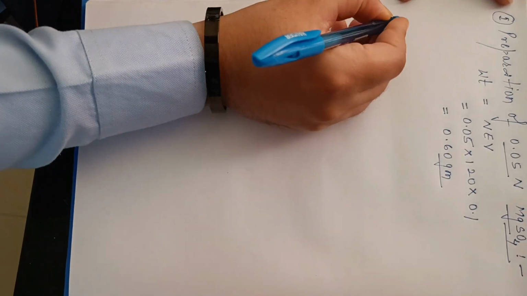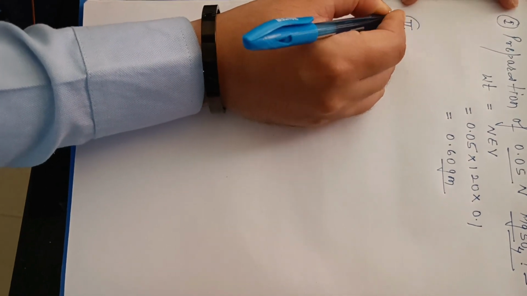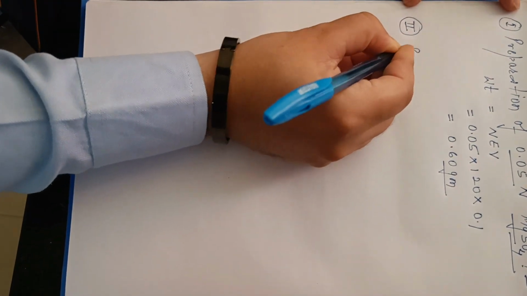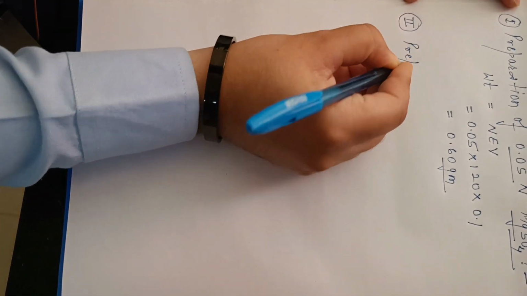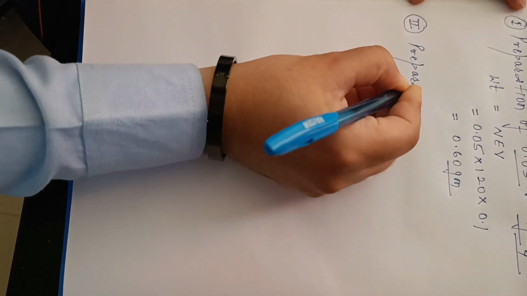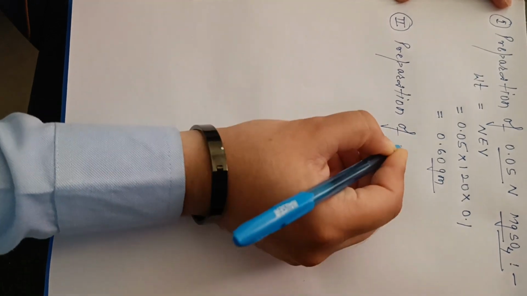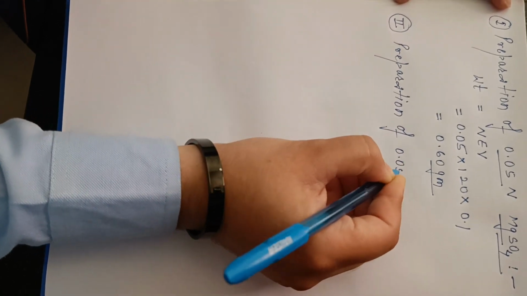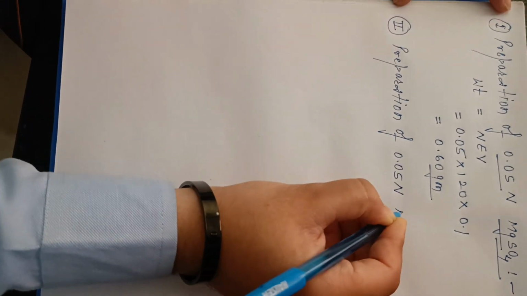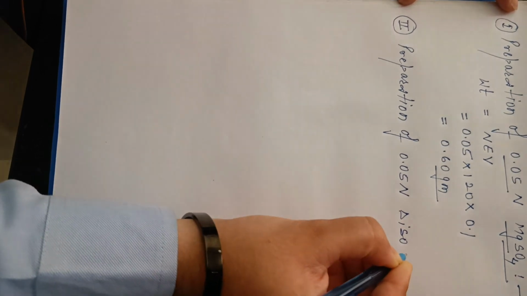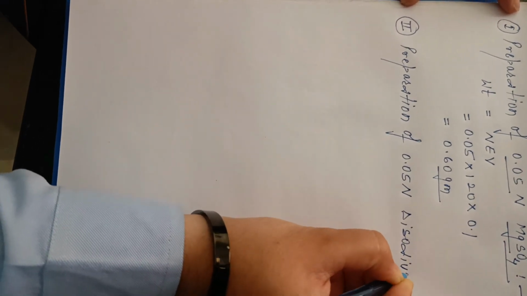This is how we prepare our primary standard. Now we will talk about our secondary standard preparation, that is the preparation of 0.05 normal disodium EDTA.